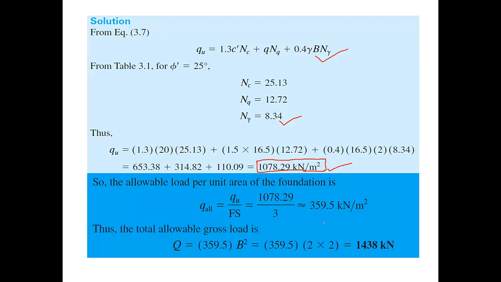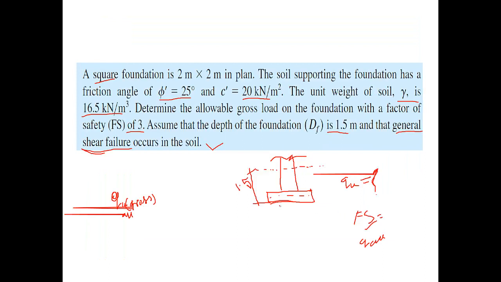If you divide by 3, it's 359.5 kilonewton per meter square. And now you got the stress, in kilonewton per meter square.